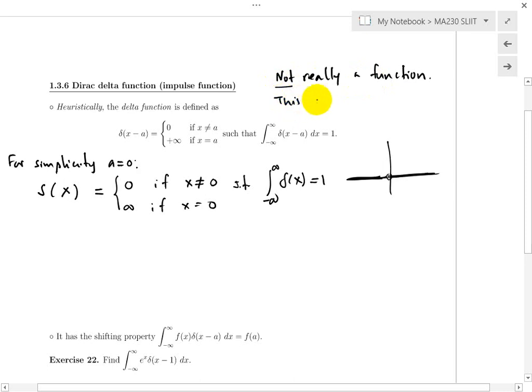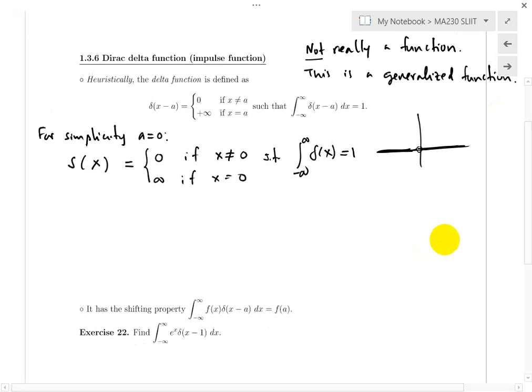This is actually what we call a distribution, or sometimes called a generalized function. Distribution here is not the distributions you studied in statistics, that is a separate theory. So let's say generalized function. A generalized function need not be a function from the way we have learned so far. It's some advanced theory, so you don't need to worry too much, but I will give you some idea how to construct this.